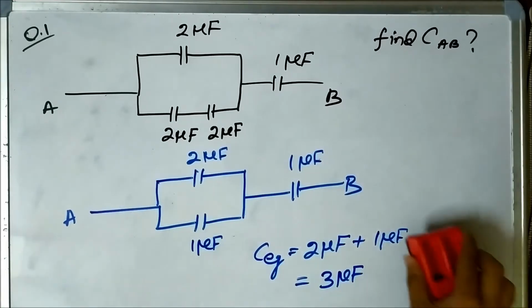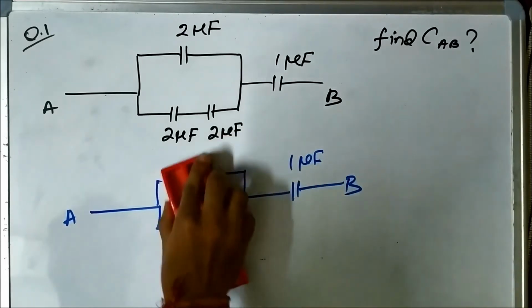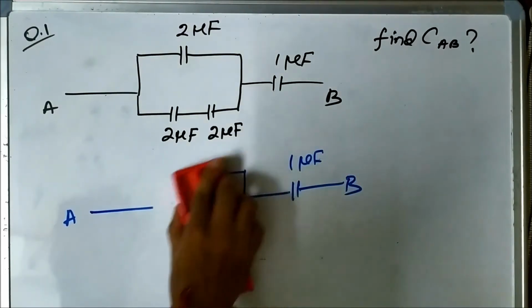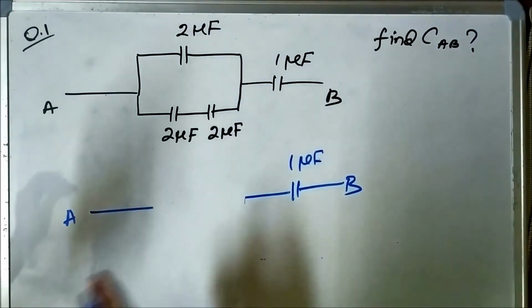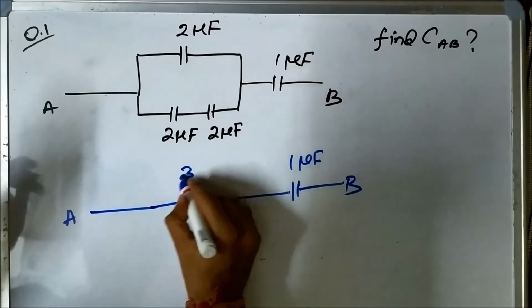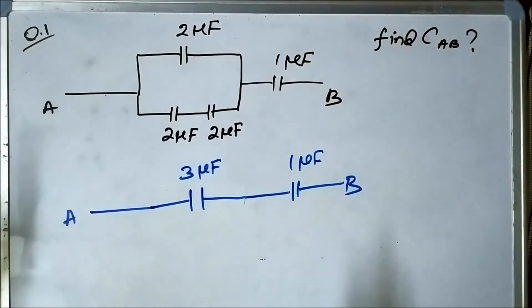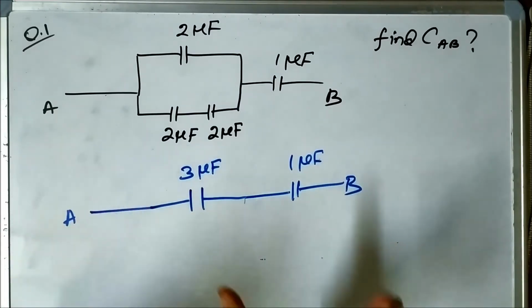Now we further simplify the circuit. We replace it with its equivalent capacitance, that is 3 microfarad and 1 microfarad. Now this 3 microfarad and 1 microfarad are in series.